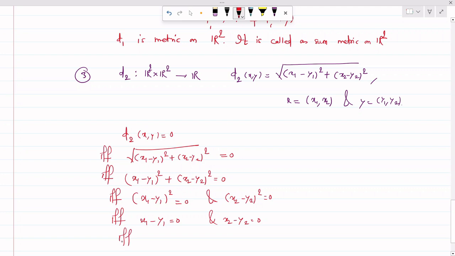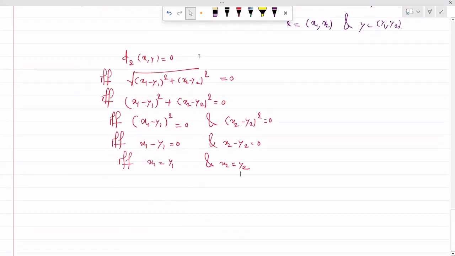So that is possible if and only if x1 equals y1 and x2 equals y2. So we can easily observe here that this is possible if and only if ordered pair x1 x2 is the same as ordered pair y1 y2, and that is nothing but if and only if x equals y. So d2 of x comma y equals 0 if and only if x equals y.